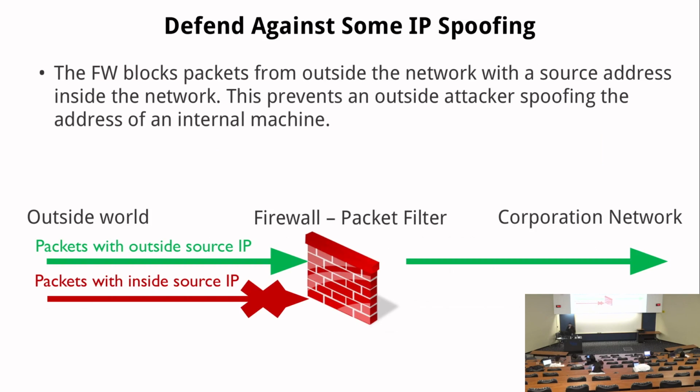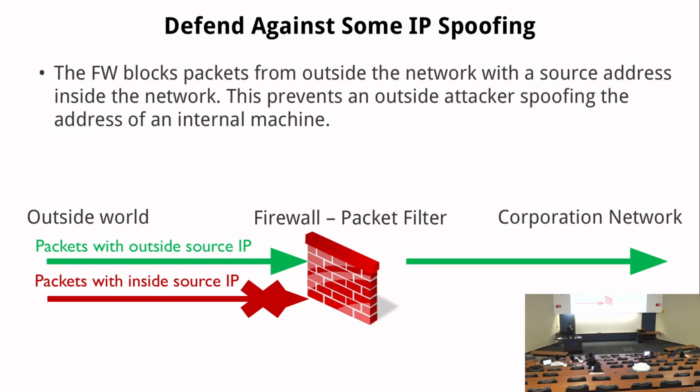So the firewall blocks packets from outside of the network with a source address inside the network. This prevents an outside attacker from spoofing the address of an internal machine, because the firewall can say that for a message on a particular port, the source IP should always be an outside IP.